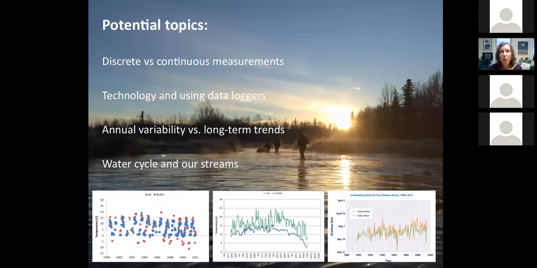So what we use are from Onset, ONSET, and they're a temperature data logger, and I could also send you the link for them. The only challenge is it's about $120, say, per logger, but you also have to have the software that you interface with to launch the logger.